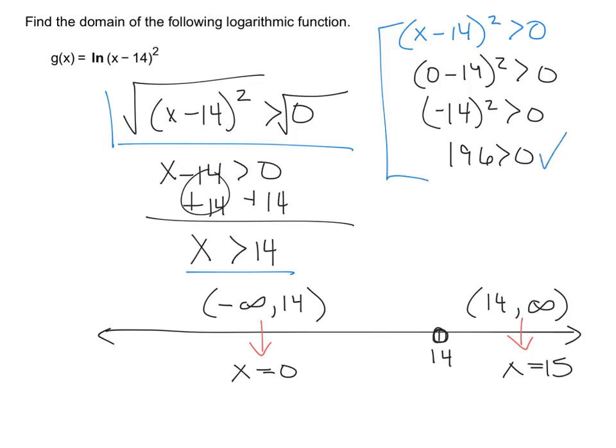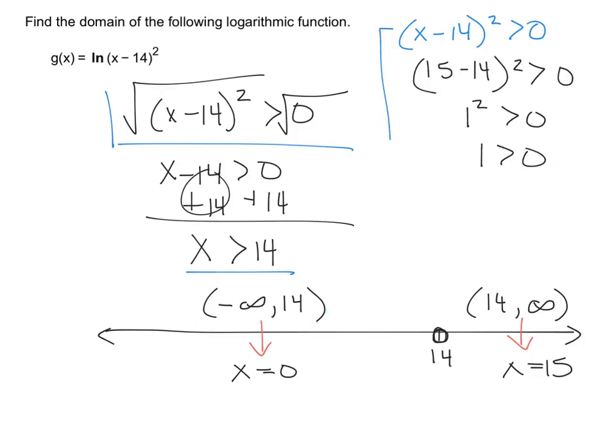And that is a true statement, so I know that this interval is included in my answer. Next, I'm going to check x equals 15. When I plug that into my inequality, I get 1 is greater than 0. And that is also a true statement, so I know that this interval is also included.